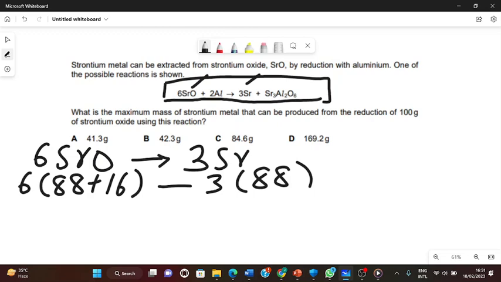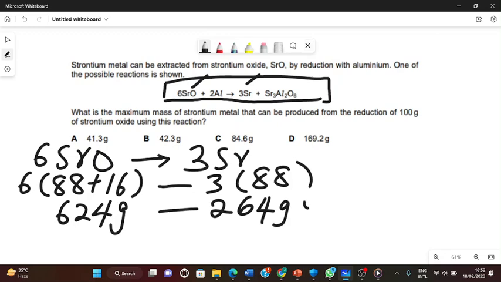If you multiply this, you have 624 grams of strontium oxide reacts to give you, if you multiply 3 by 88, 264 grams of strontium. So from the balanced equation, 624 grams of strontium oxide reacts to give you 264 grams of strontium.